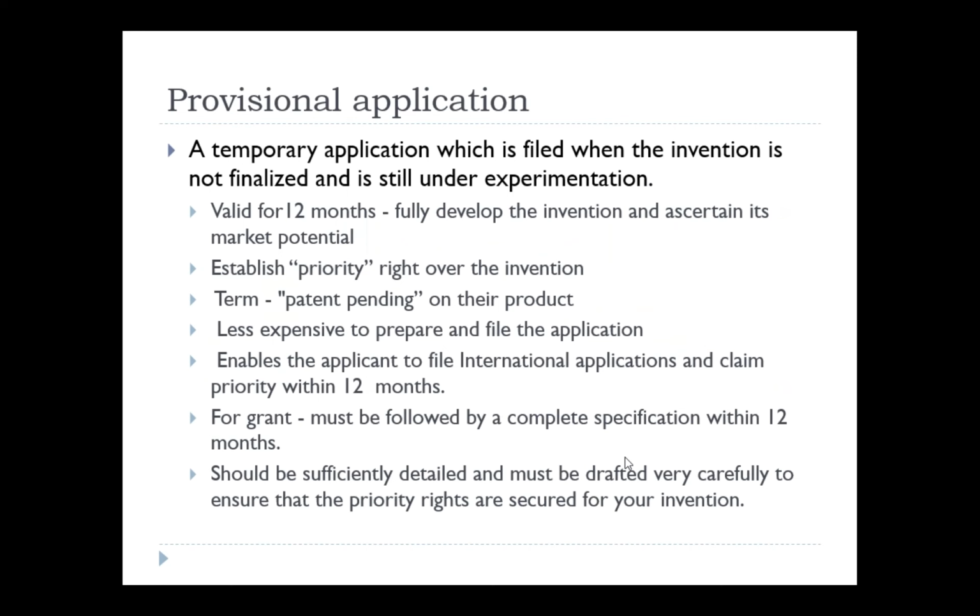Herein, what we understand is that we are giving the complete details as much as you know, because the complete filing that follows the provisional should have the entire detail only within the provisional application scope. Please understand that term scope. I'll give one example as well.